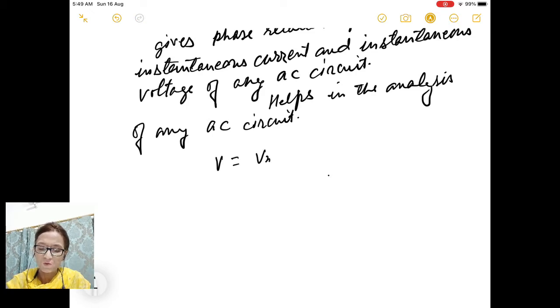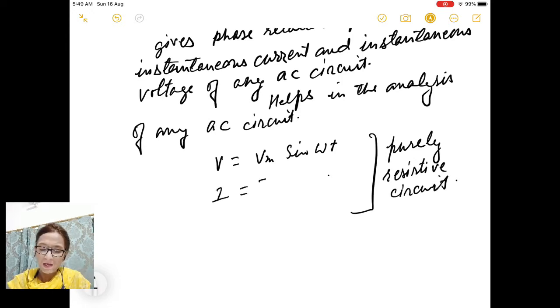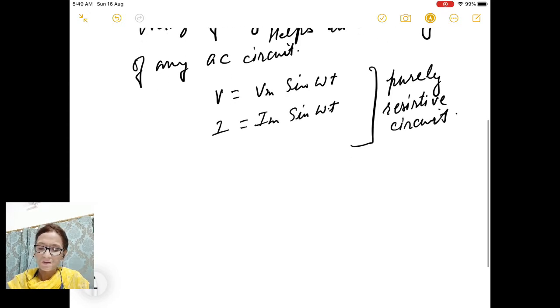V is equal to Vm sine omega t. This is the instantaneous voltage of a purely resistive circuit. And I is equal to Im sine omega t.